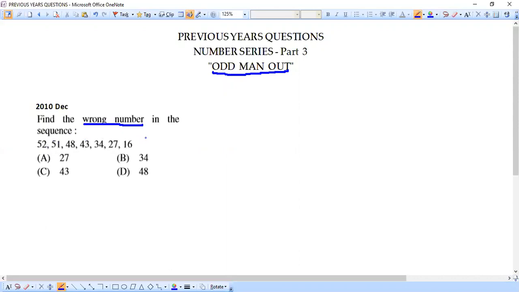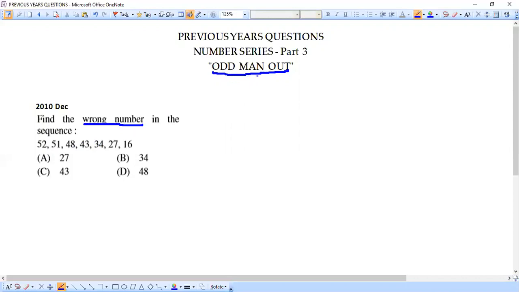Instead, we need to find, out of the numbers given, the number which is wrongly placed. That number should not appear there actually, but they have placed it there. That wrong number is what we need to pick in such odd man out questions.